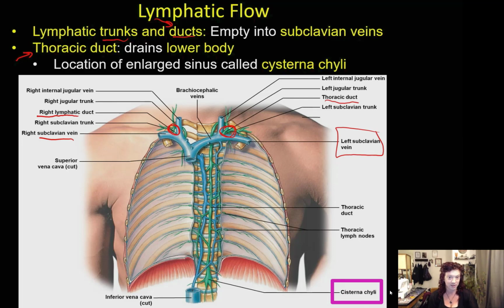That holding location is down here. It's called the cisterna chyli. It's an enlarged sinus, so basically a really, really large area of these vessels that accumulates a lot of lymph until it can be sent upwards to the thoracic duct and then dumped into the subclavian veins.